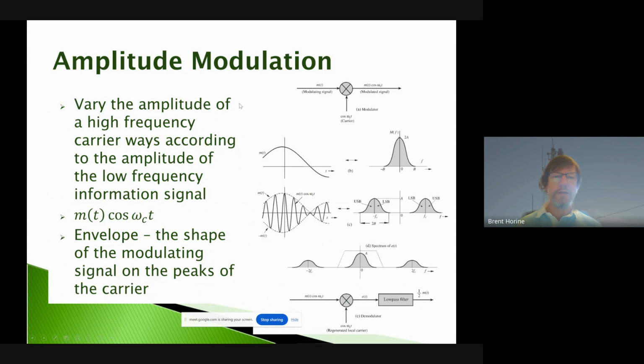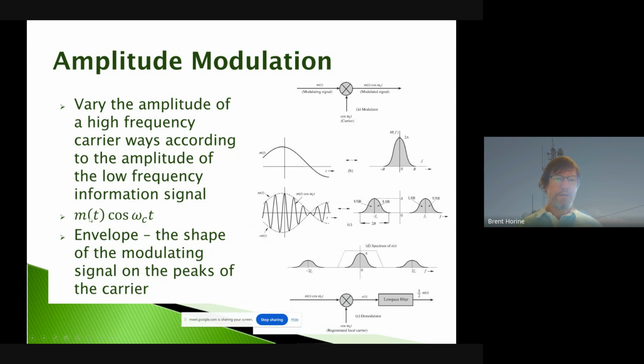So we're going to vary the amplitude of a high frequency carrier wave according to the amplitude of the low frequency information signal. Basically, this m(t) is going to be the coefficient out front of this carrier wave, right?